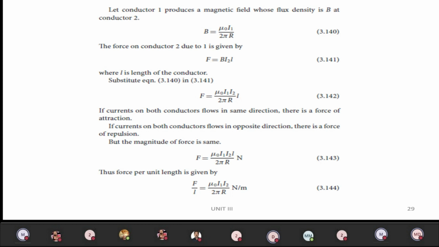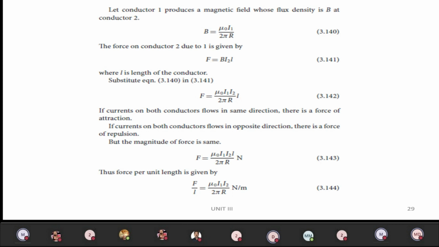When the current flows in the same direction in both conductors, we have a force of attraction. When the current flows in opposite directions, we have a force of repulsion. The magnitude of force remains the same.